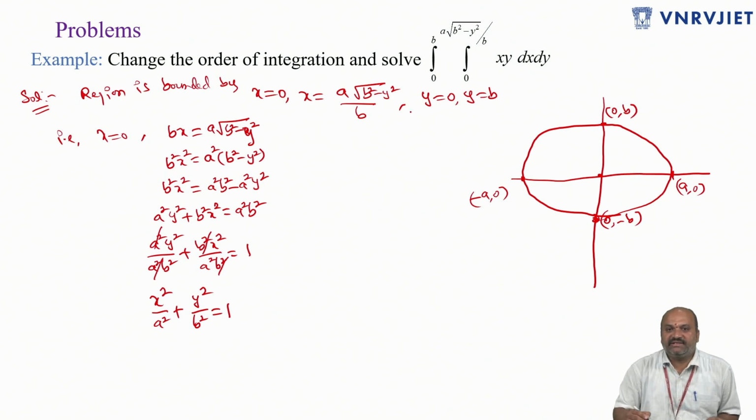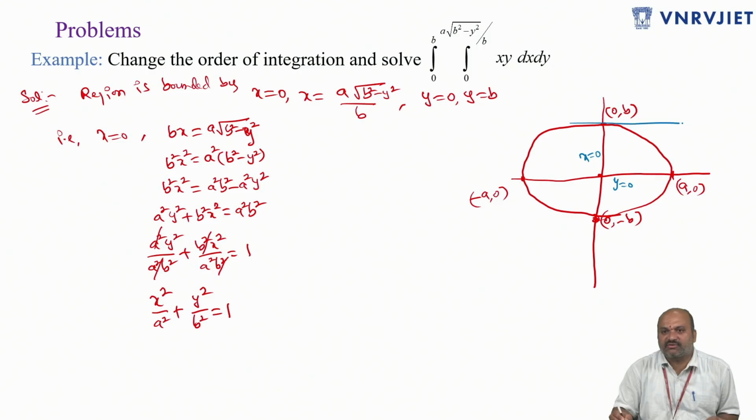Observe carefully, the region is bounded by x equals 0, which means the y-axis. Y equals 0 means the x-axis. Y equals b is a line parallel to the x-axis.